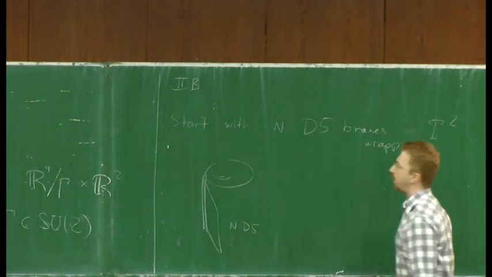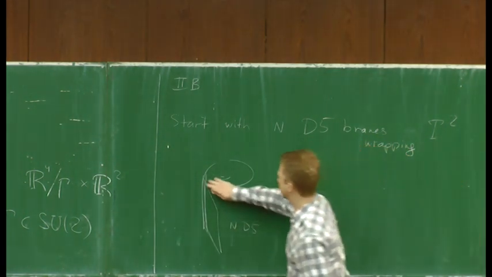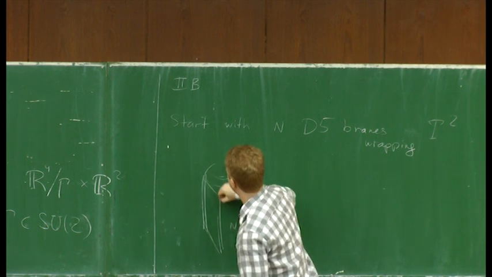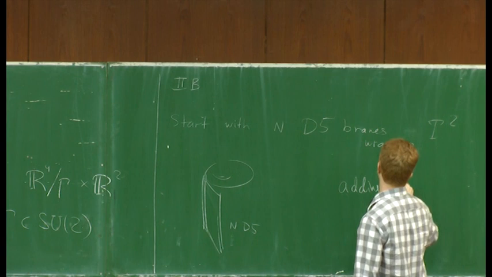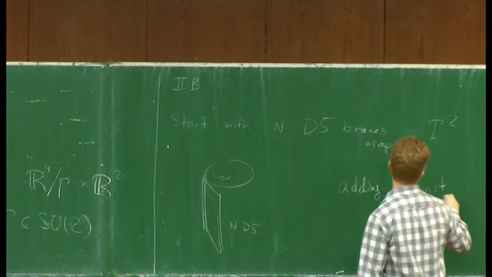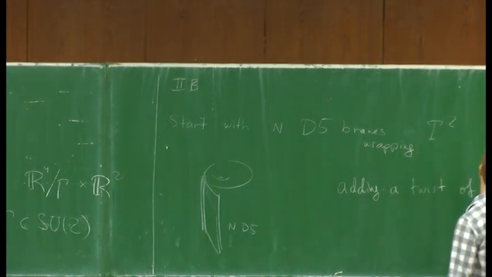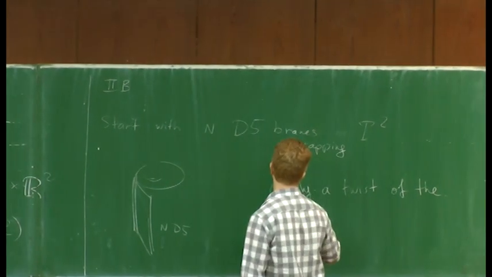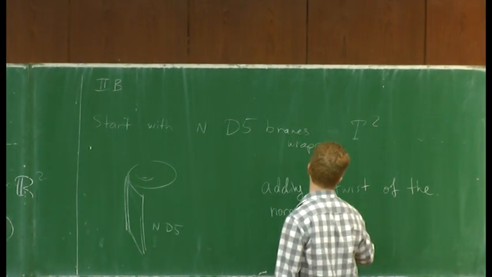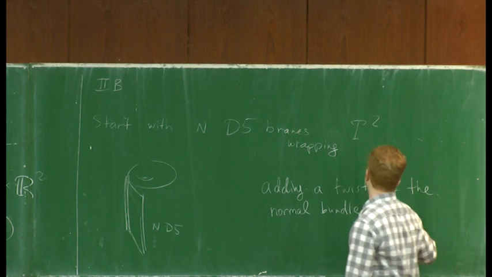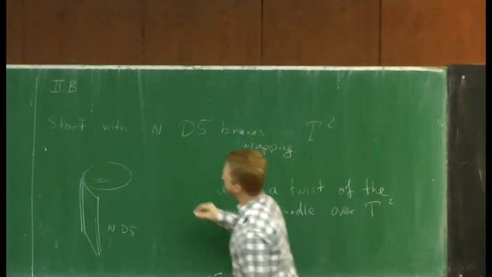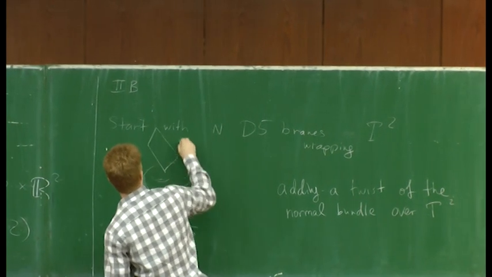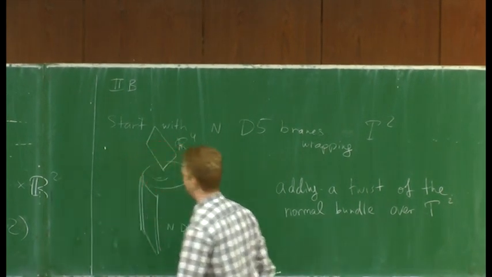But now let me modify this theory by adding a twist of the normal bundle over T2. So you see here the transverse space is R4.